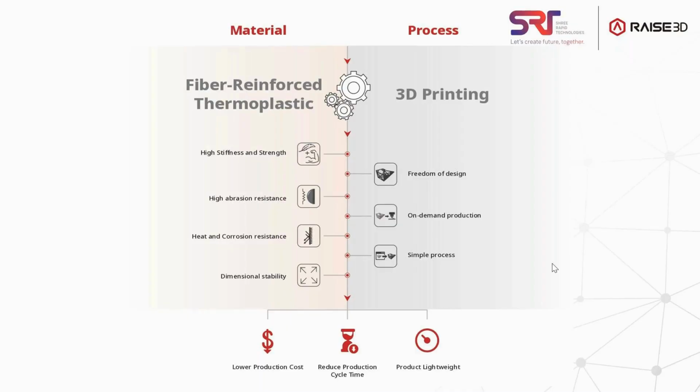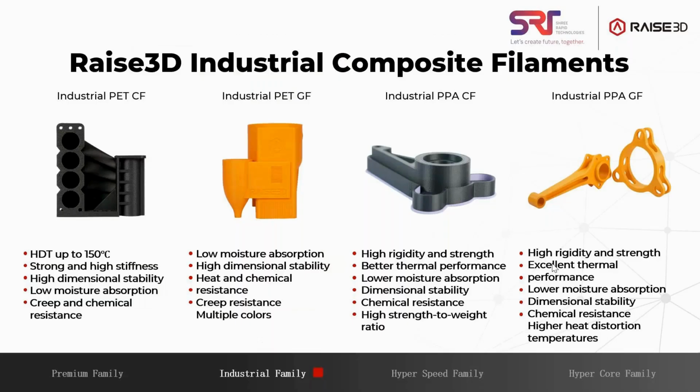Manufacturing sectors, especially automotive and aerospace, can find enormous value with composite filament and triple F technology as they highly prize lightweight properties for their products. And with a wide range of potential applications in prototyping, engineering, and manufacturing, Raise3D offers high-end industrial composite materials.